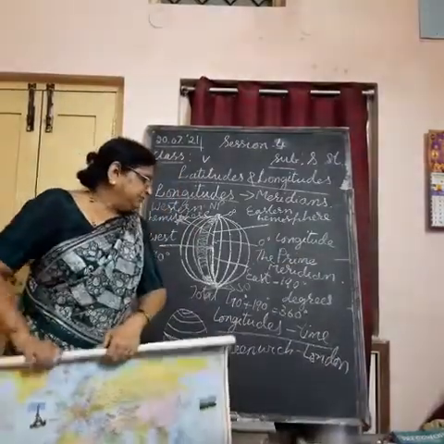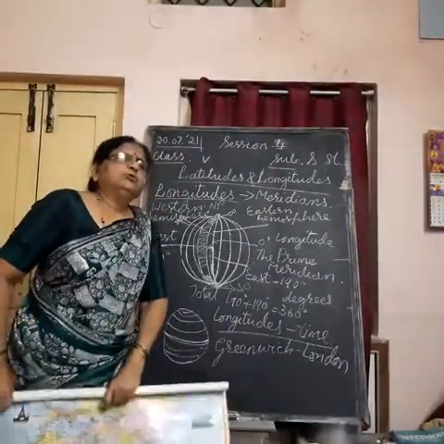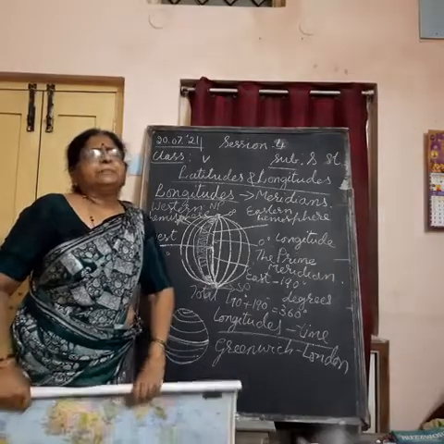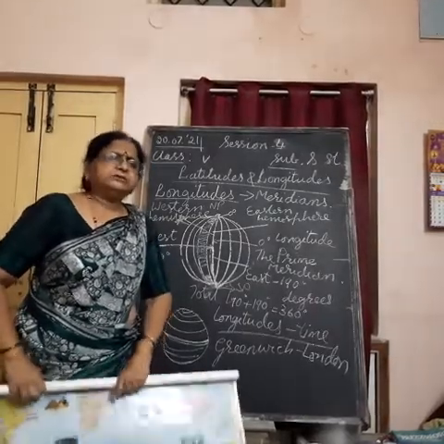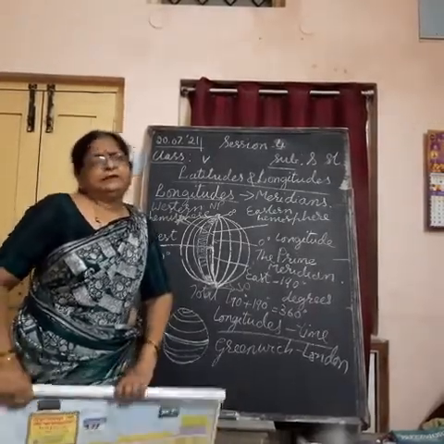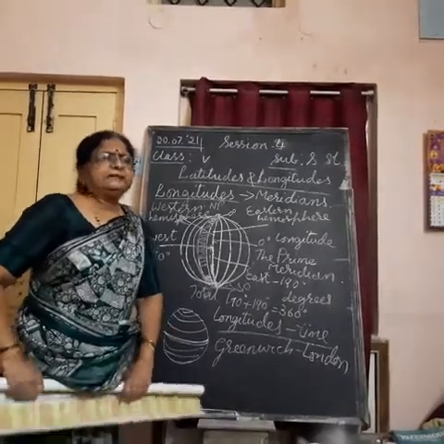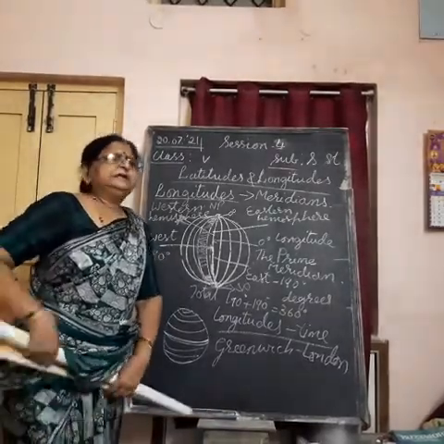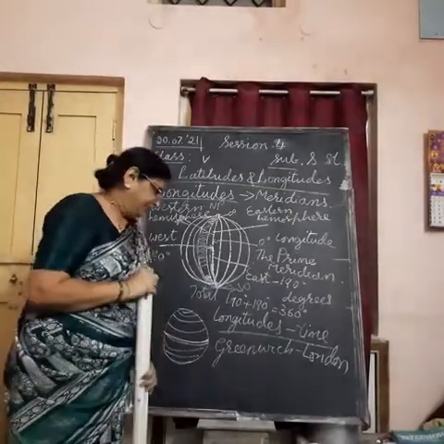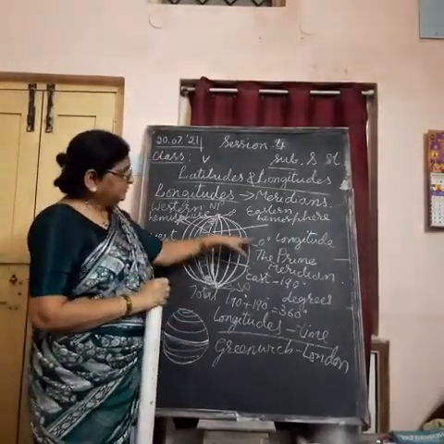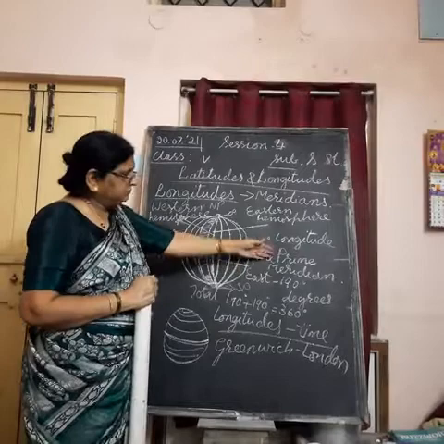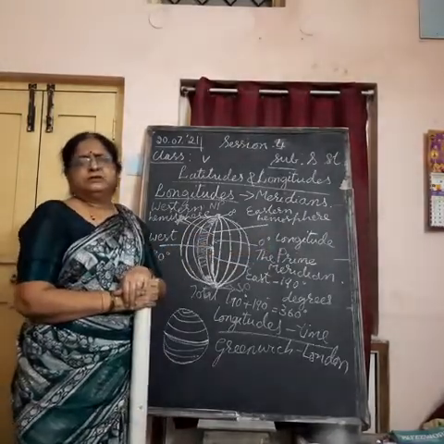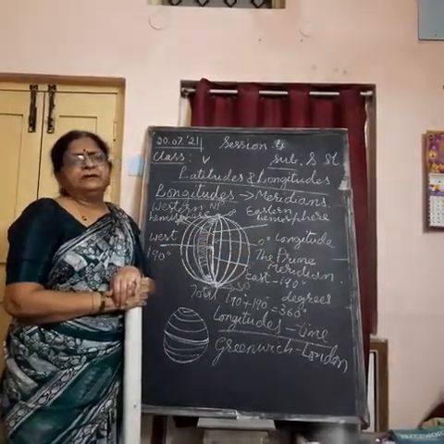So, the prime meridian passes through the place near London in England. The place name is Greenwich. It is near London. So, this 0 degree longitude is also known as Greenwich longitude or prime meridian.